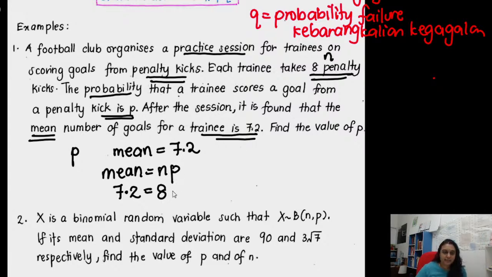So 8 times P, you bring the 8 over and bahagi, so 7.2 bahagi 8. You get 0.9. So this one is just using the formula. If you are good at finding the information, and can see which letter is which, you won't get it wrong. Memang akan dapat betul.